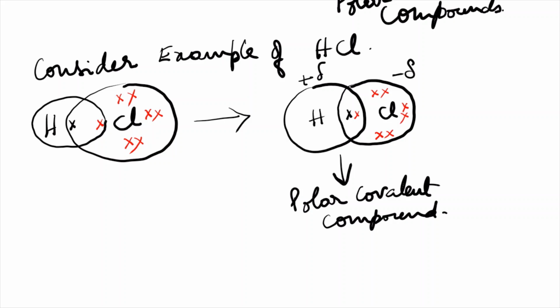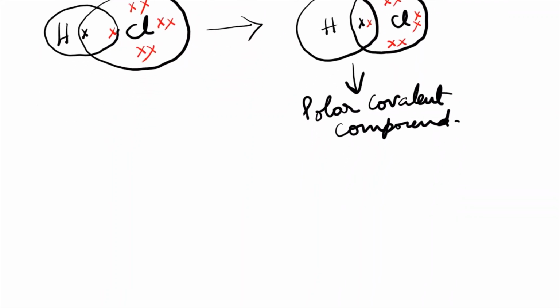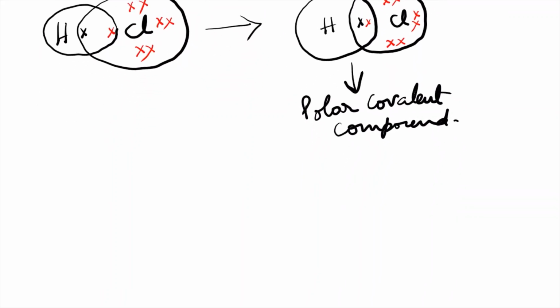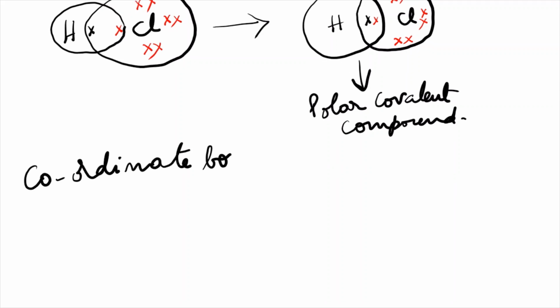Okay. Now we will learn about the third type of bond, that is the coordinate bond, or sometimes it is also referred to as the dative bond. Though more commonly it is known as the coordinate bond.